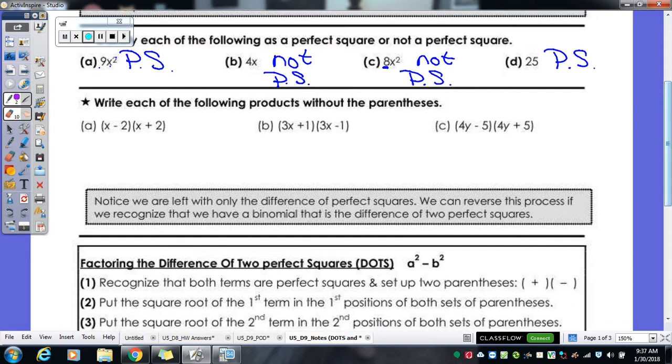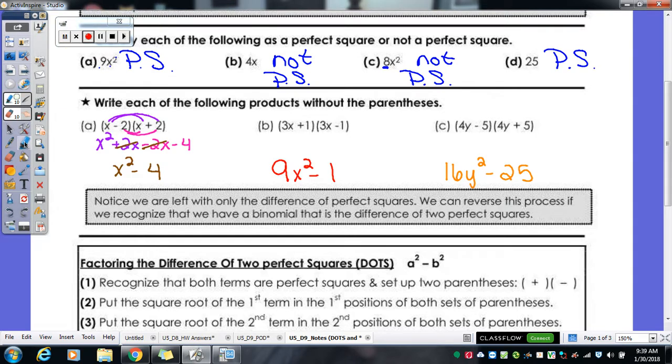All right, so what I would like you to do right now, A, B, and C, we'll practice our multiplication skills. Multiply those out to see what we get as an answer. So go ahead, take a couple minutes, multiply those out. If you notice, this first one here, we have a difference, because it's subtraction. X squared and 4 are both perfect squares.